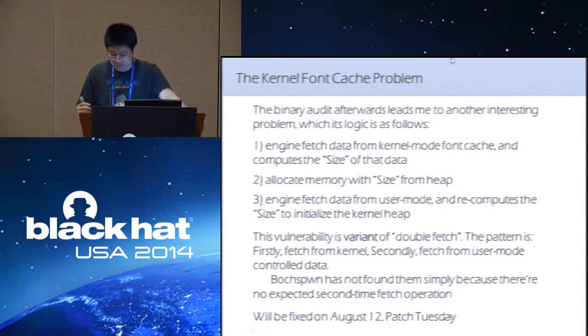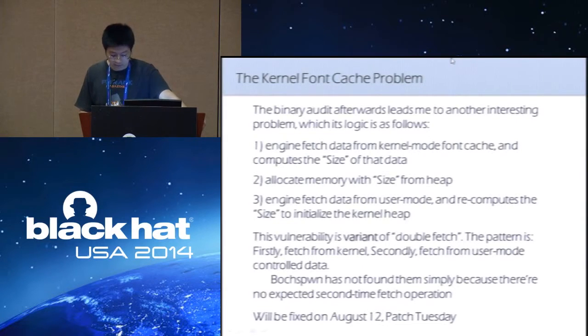The so-called font cache mechanism has been introduced into the Windows kernel to speed up font rendering since Windows XP. But the developer of this feature did not realize that the operations afterwards directly access user mode controlled data.